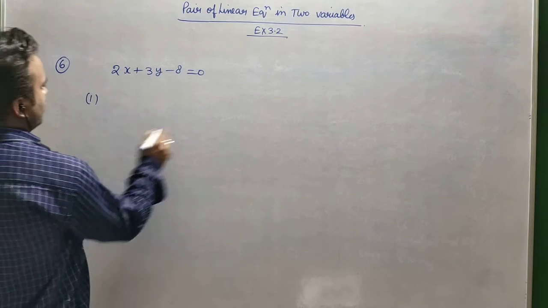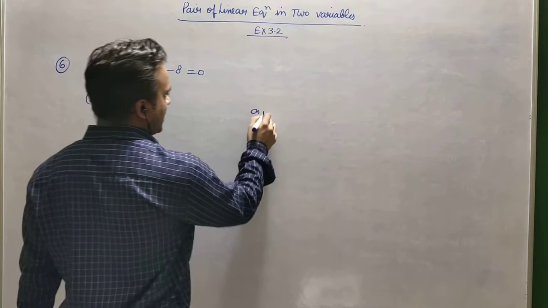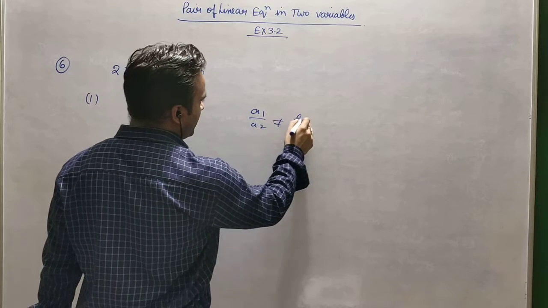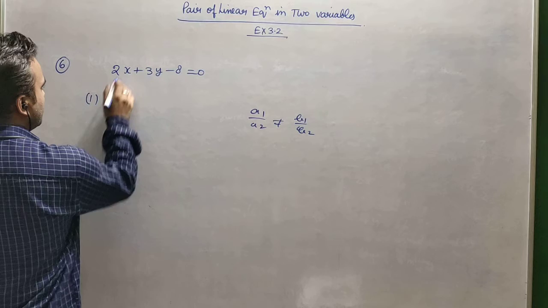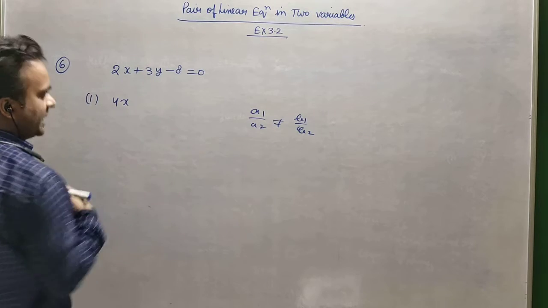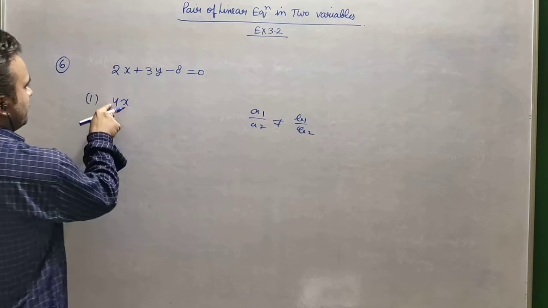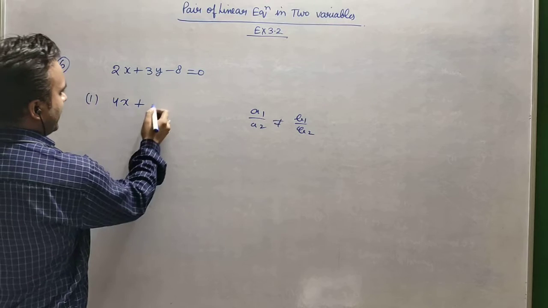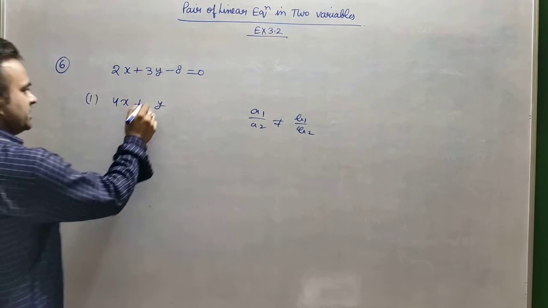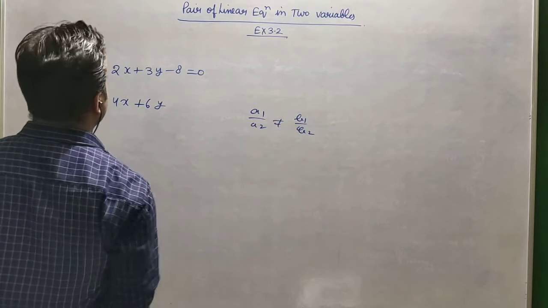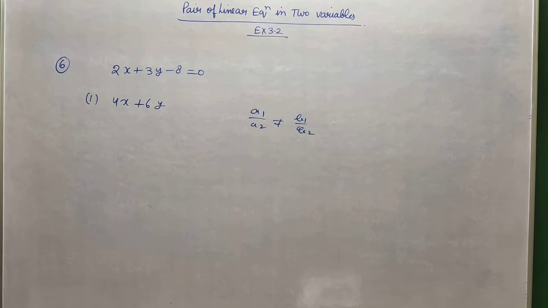So suppose, and what is the condition for intersecting lines? A1 upon A2 should not be equal to B1 upon B2. So suppose I am putting here 4x from my side, so what is the ratio? 1 upon 2. So the coefficient of y which we have to put here, suppose I am putting here 6. So it means this relation will not work here, because I want A1 upon A2 should not be equal to B1 upon B2.